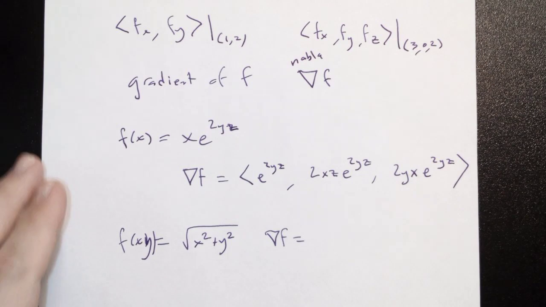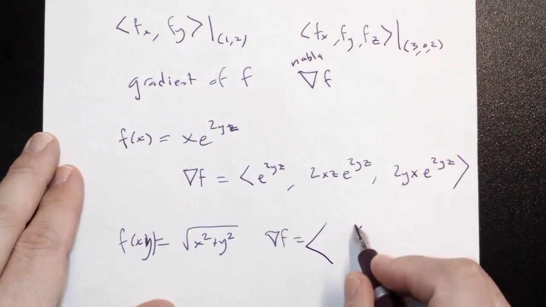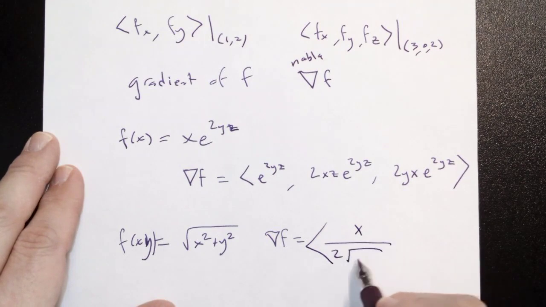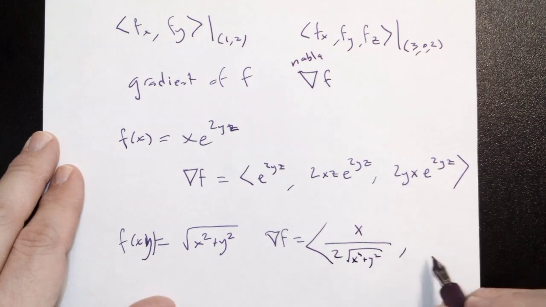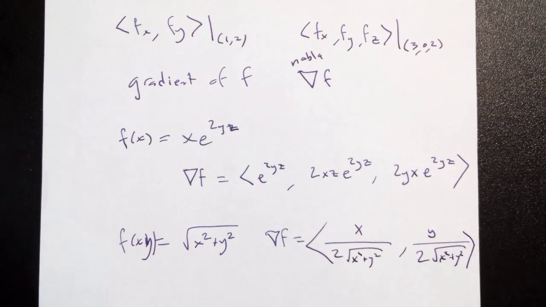Square root of x squared plus y squared. Almost. You made a chain rule error.